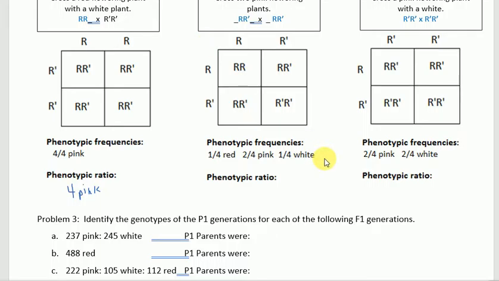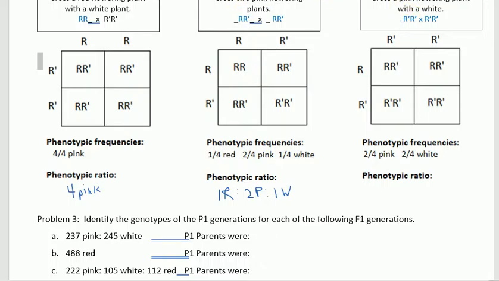If we look at our cross between two of the pink plants, our phenotypic frequency would be 1 red, 2 pink, 1 white. So our ratio would be 1 red, 2 pink, 1 white.